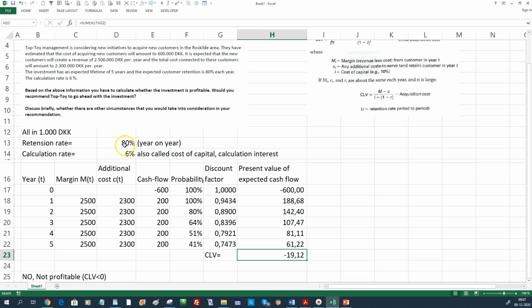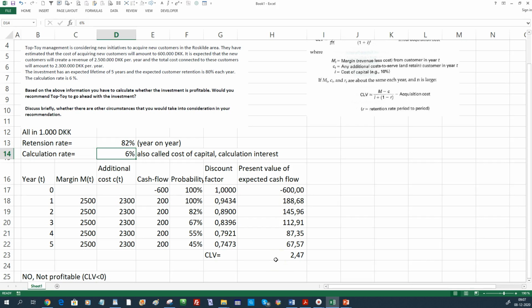A very simple thing, you could try to put 85% here, and it goes from minus to plus, and then you could say it's maybe about 82%. It's somewhere a little less than 82%. If you can improve the retention rate to that level, then you can become profitable.